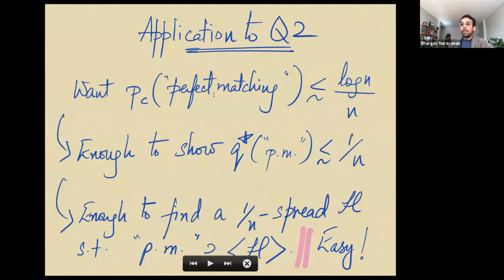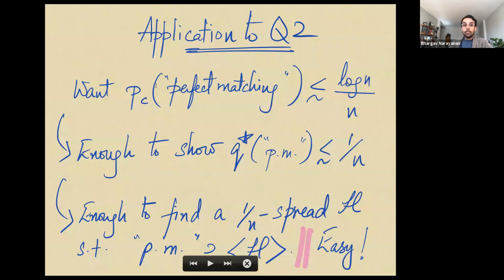So the lower bound is straightforward. It's easy to see that you might not have perfect matchings all the way up to log n over n because of isolated vertices. So all we really want to do is to show that the threshold for perfect matchings is no bigger than log n over n.